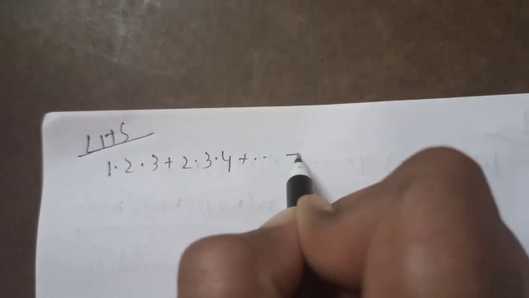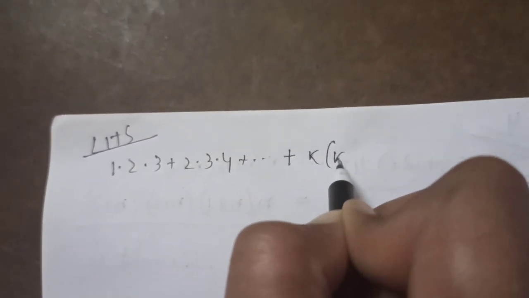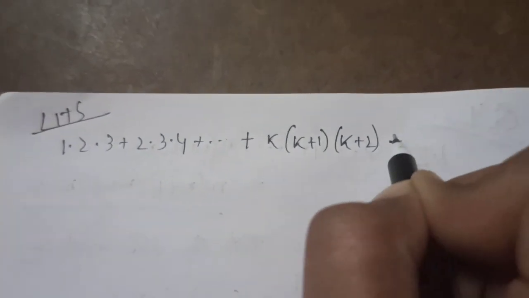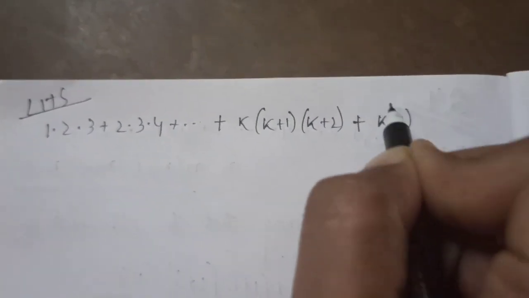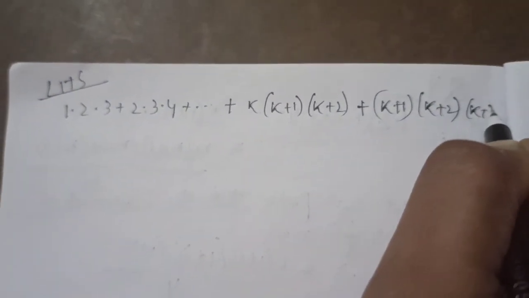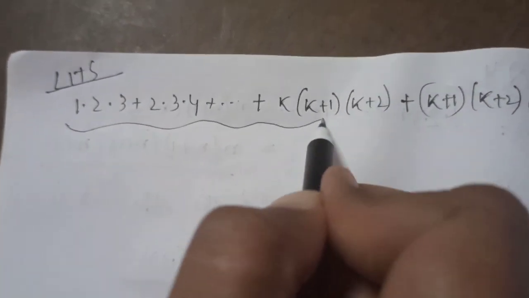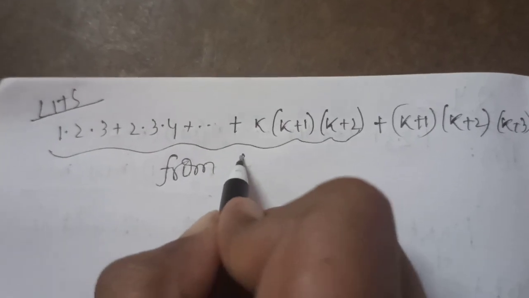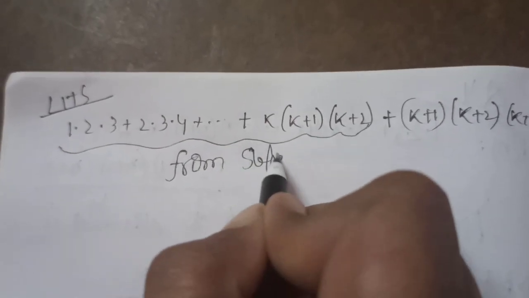What is my LHS here? 1 into 2 into 3 plus 2 into 3 into 4 plus, continuing in this way, up to k into (k+1) into (k+2), plus (k+1)(k+2)(k+3). Up to here, from my step 2.